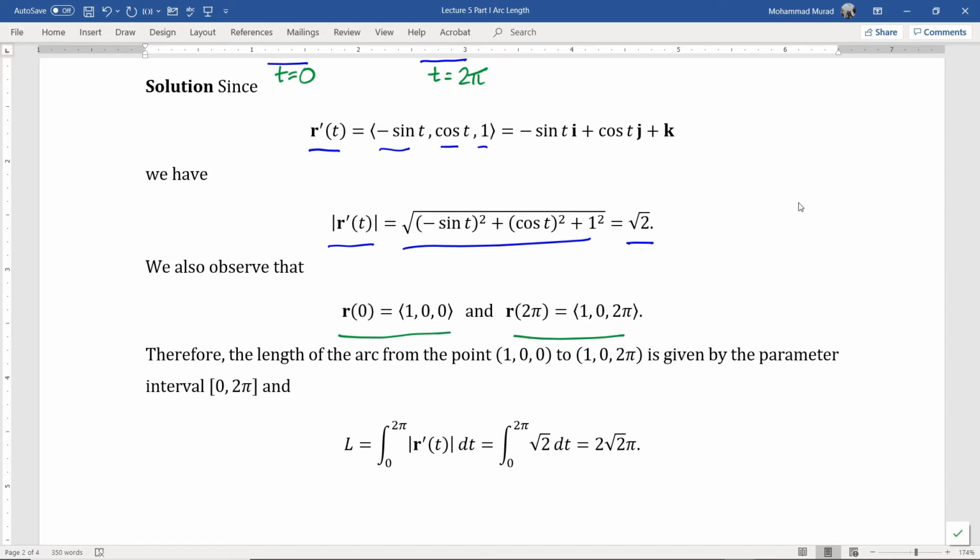Therefore, the length of the arc from the point 1, 0, 0 to the point 1, 0, 2 pi is given by the parameter interval 0 to 2 pi. And the length L is equal to the integral of the magnitude of r prime over the interval 0 to 2 pi, which gives 2 times square root of 2 times pi.